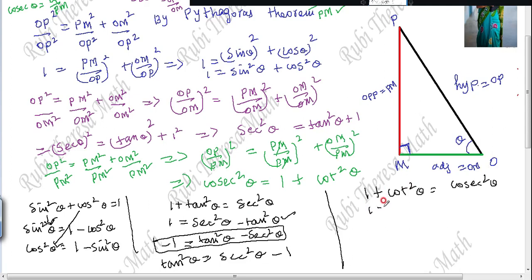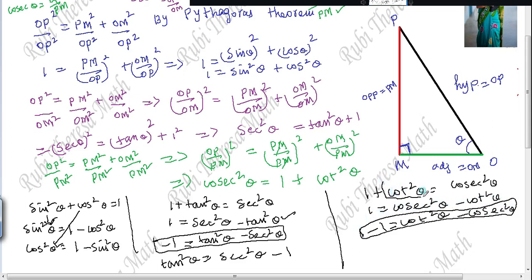Then 1 equal to cosecant squared theta minus cot squared theta. So cosecant squared minus cot squared is 1. But cot squared minus cosecant squared is minus 1. Understand?